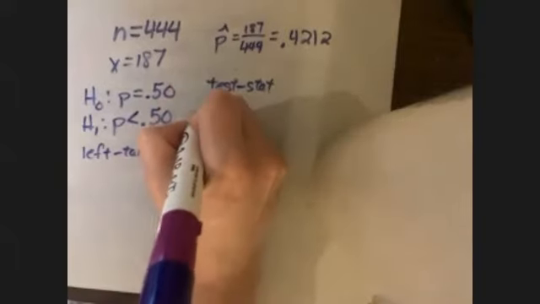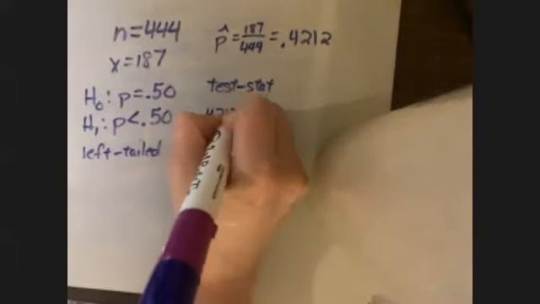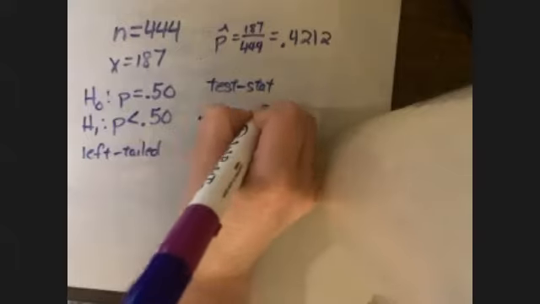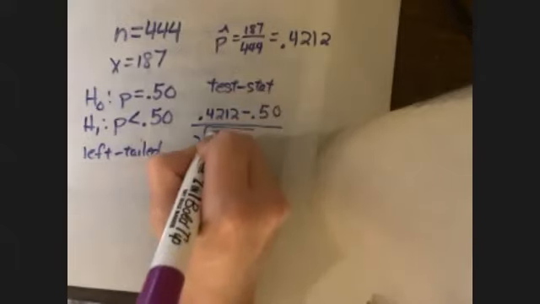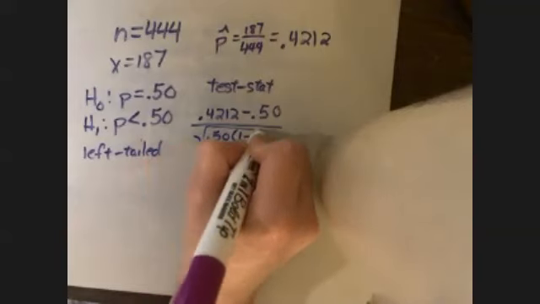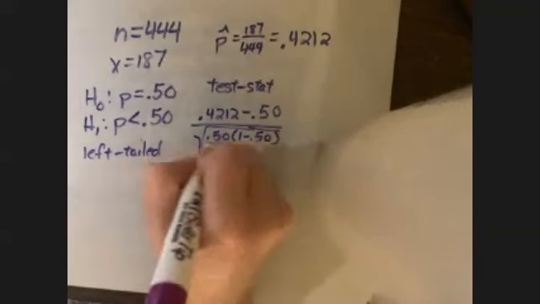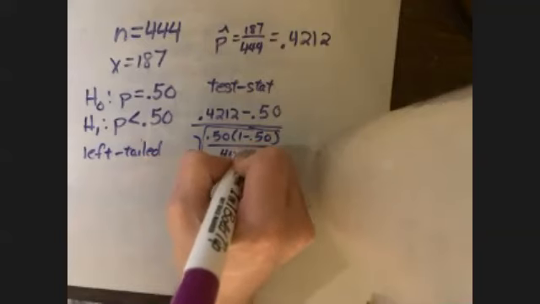So we're going to do 0.4212 minus 0.50, over the square root of 0.50 times 1 minus 0.50, over 444.